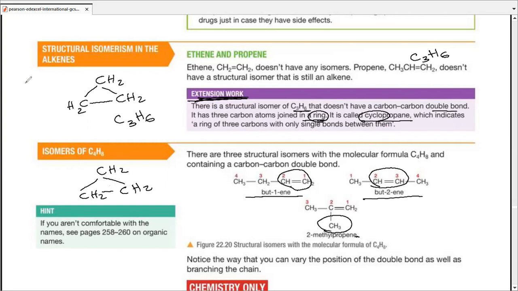With this structure, I'm just trying to explain that the bond is in between carbons and not in between hydrogen and carbon. That's why, instead of writing like this, I wrote like this. The molecular formula is C3H6, similar to propene, but propene has a double bond and cyclopropane does not. That's the point they were trying to prove.